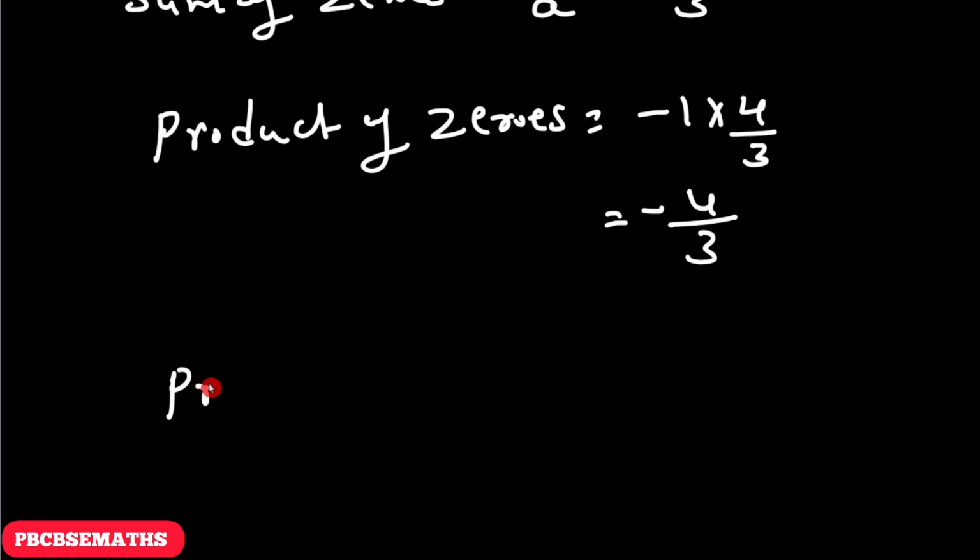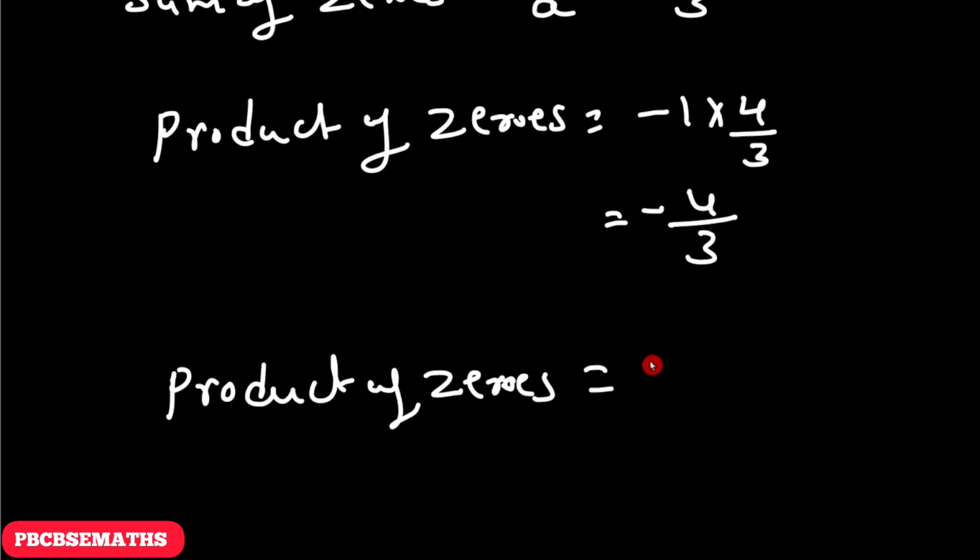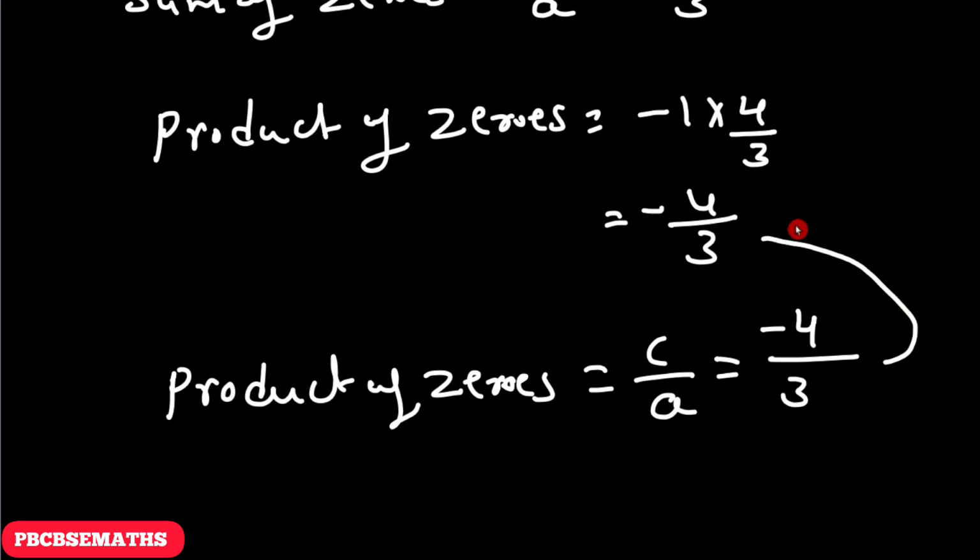We know that product of the zeros is equals to c by a, that is constant term divided by coefficient of x square. Here the value of c in this given question is minus 4, divided by coefficient of x square, which is 3. So product of the zeros c by a is also equals to minus 4 by 3.